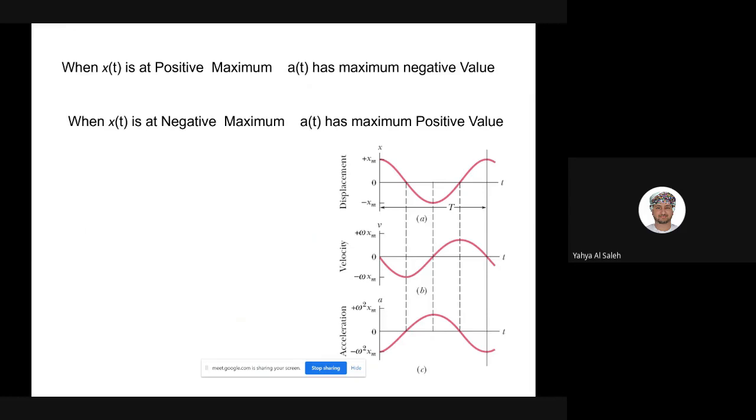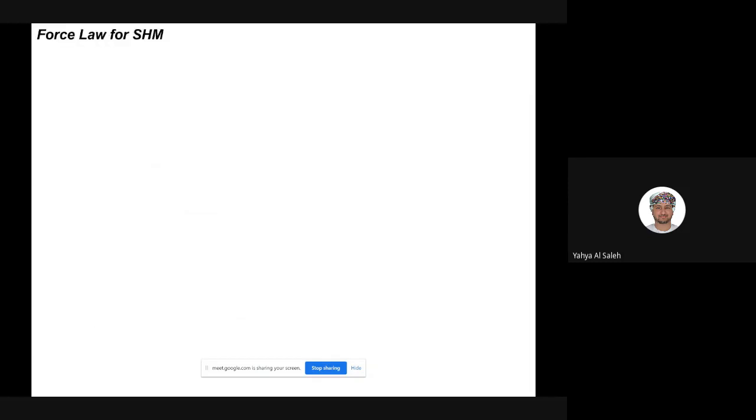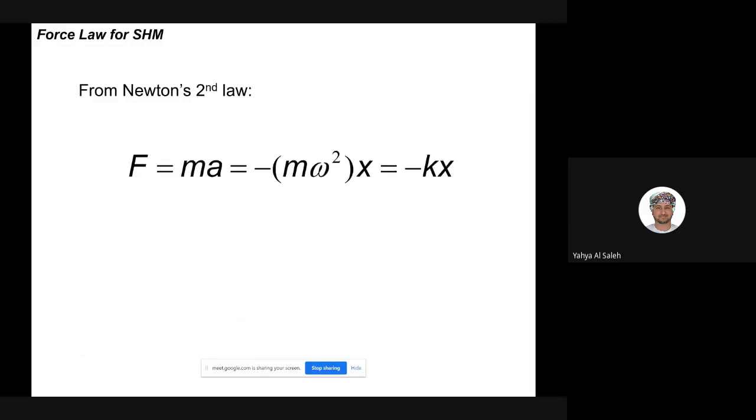I'll show you how to do it in a second. But what we take away from this is: when x is positive maximum, acceleration is negative maximum. When x is negative maximum, a is positive maximum. Remember that because it will be important in a bit. We'll skip these PIQs for the time being.